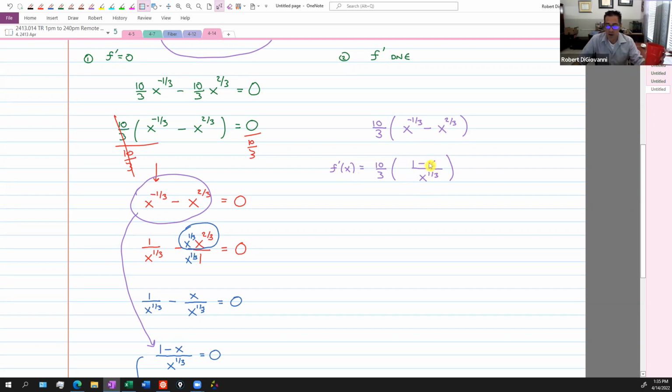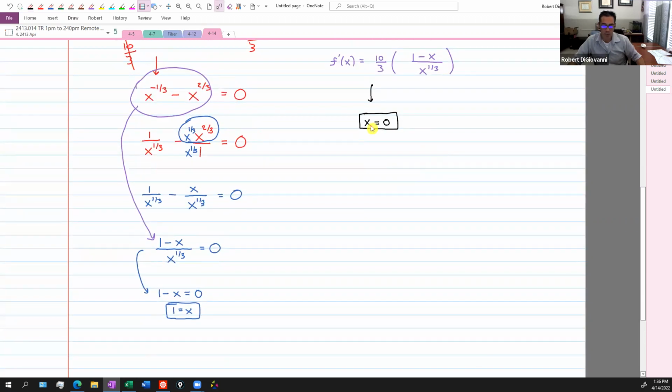I would get 0, wouldn't I? But it's not division by 0, so it's okay to plug in 1. I just can't plug in 0 because then I'll have that division. So I actually do have a critical number from this analysis of the derivative. I know from this that x can't be 0, so that means that x equals 0 is a critical number as well.